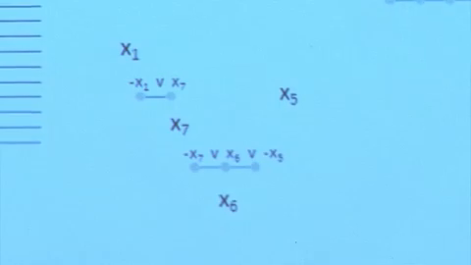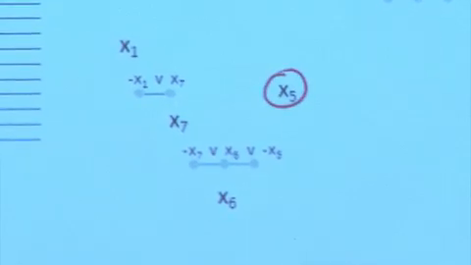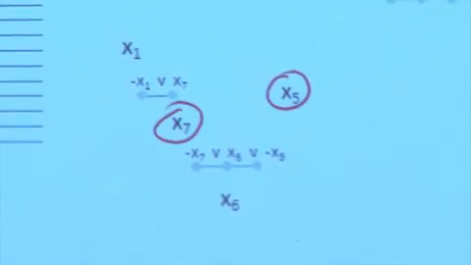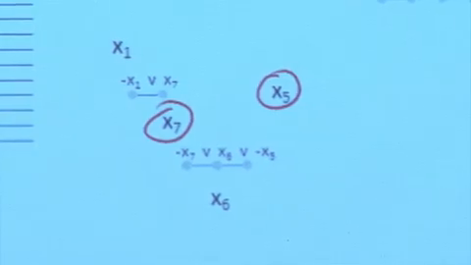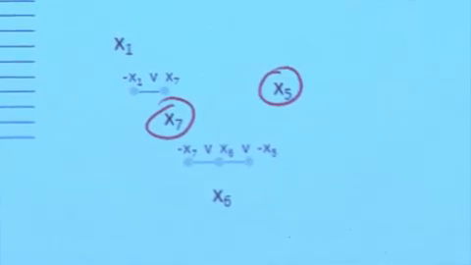So I have x5 being true, and I have x7 being true. So that means x6 now has to be true, right? Because otherwise this constraint would be violated.